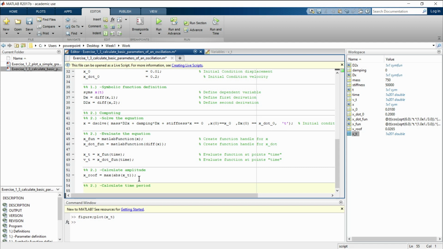In order to calculate our time period, we actually need to find the peaks of our oscillation, and Matlab provides a function which is called findpeaks, and you can find, as the function says, the peaks. The function returns a vector with local maxima, just maxima of x of t. And we're going to save that in the variables maxima and max location.